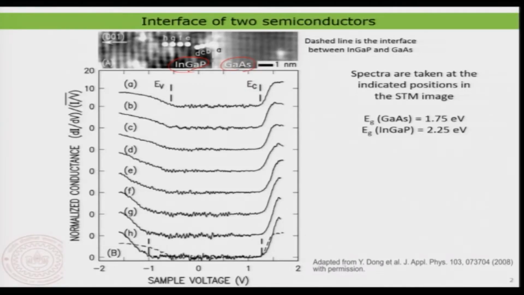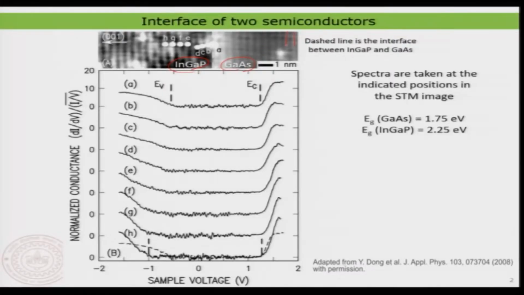What you have here is a gallium arsenide and an indium gallium phosphide interface. Of course, this interface is prepared by an epitaxial method, as we discussed in the previous class, and after making the interface, in this particular case they have taken a cross-sectional profile through scanning tunneling microscopy.